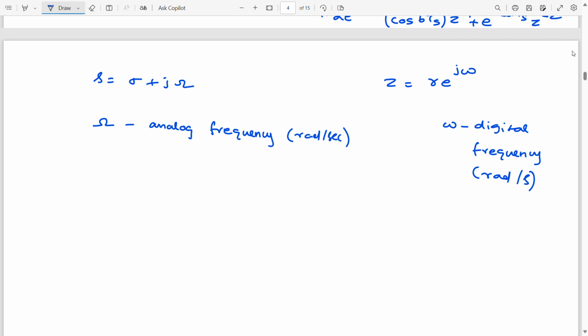And we know that Z is equal to e to the power sT.